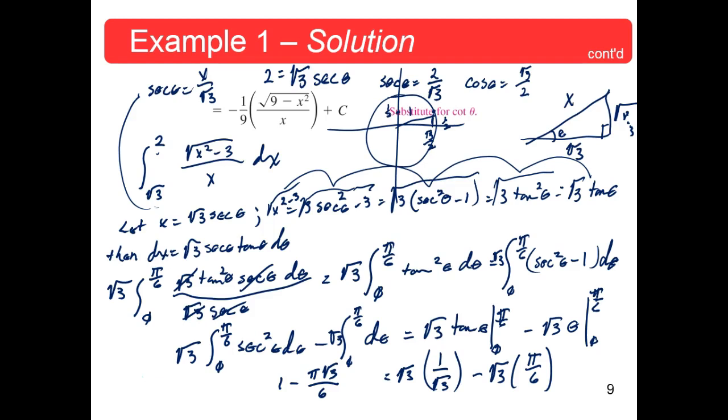Then your tangent, your diagram would have come in pretty handy up there. Because tangent would have been square root of x squared minus 3 over √3. You could have done it that way, and then gone back and plugged in your x values. I don't recommend it, but it's doable that way, and that's what they show you here. You get the same answer.